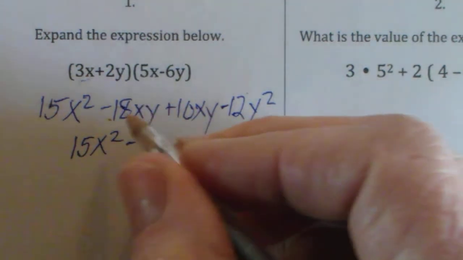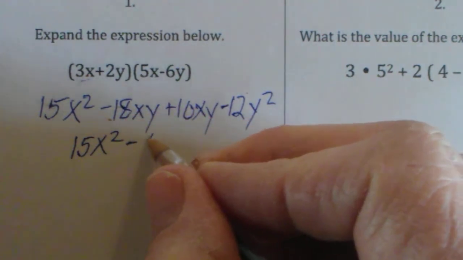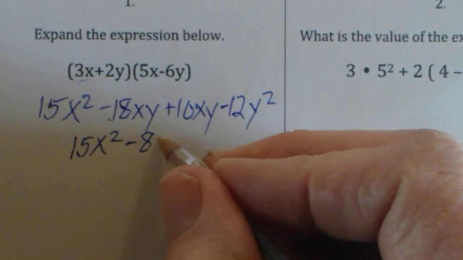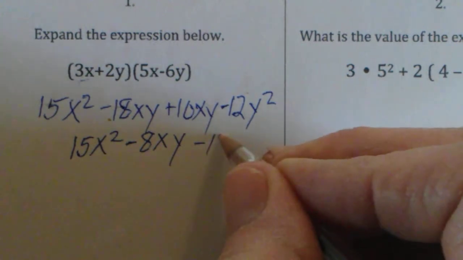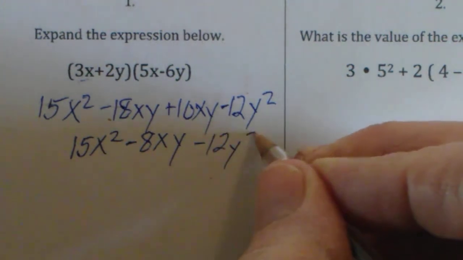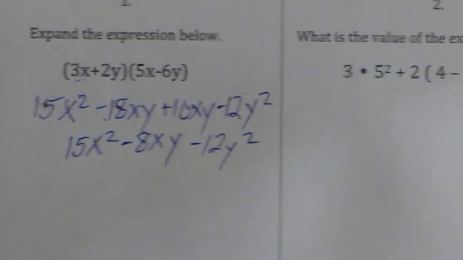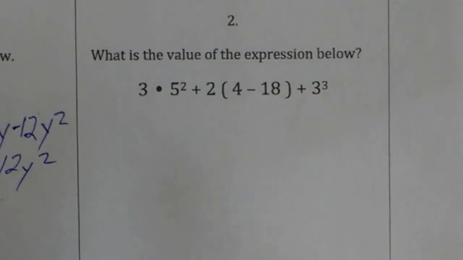When one's positive and one's negative, you subtract the 10 from the 18, and you take the sign of the bigger one. The sign of the bigger one is 18, so we get minus 8xy minus 12y squared. And that's it. Okay. Again, please try these before you look at the answer and see if you get the same as me.